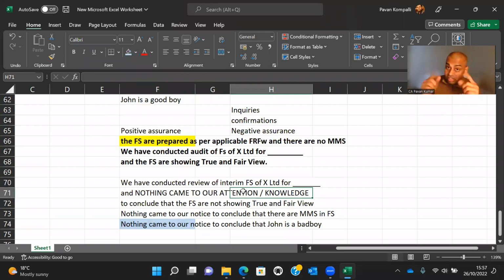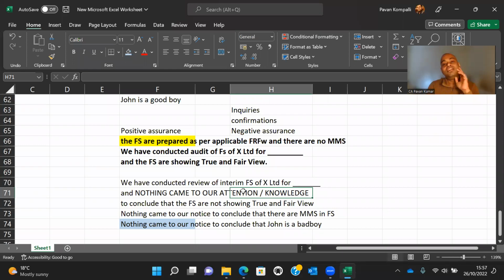You said, no. Did I say John is a good boy? No, I told you that nothing came to my notice to conclude that John is a bad boy. Having said that, I'm not saying John is a good boy. There they said financial statements are showing true and fair view. Here they are saying nothing came to my notice to conclude financial statements are not showing true and fair.